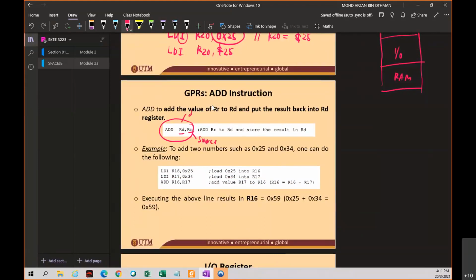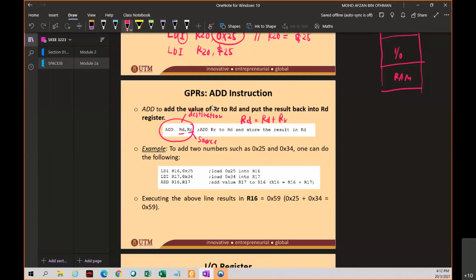Okay, so this is the destination and source. So what happened here? After you execute this line, what happens is RD sama dengan RD tambah dengan RR. Okay, so any value from RD you take and any value from RR you take, add them together and put back to your RD.